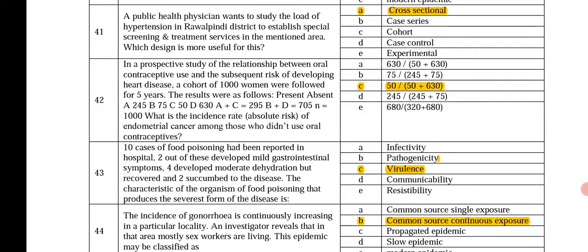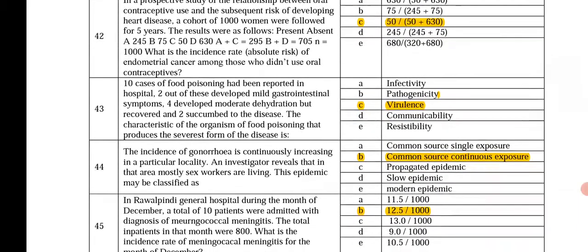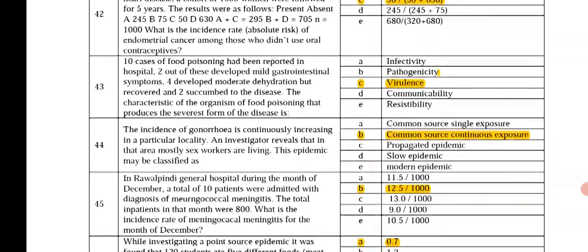What is the incidence rate? Absolute risk of endometrial cancer among those who did not use oral contraceptives: 50 divided by 50 plus 630.